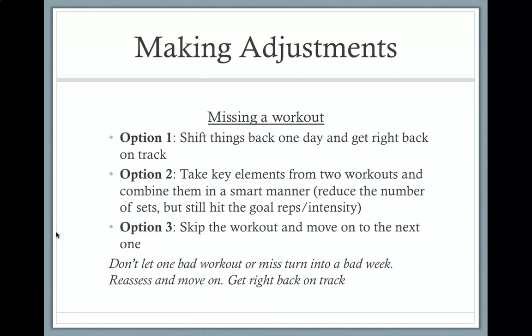We still hit the rep goals and the intensity level, but maybe we take a few sets off because we're adding a little bit more exercises. A third option is we can skip the workout and move on to the next one. This is the least ideal, but at least we're moving on and still getting a workout in. We can't let bad workouts or misses turn into a bad week. We need to reassess what the current situation is and get right back to where we were.